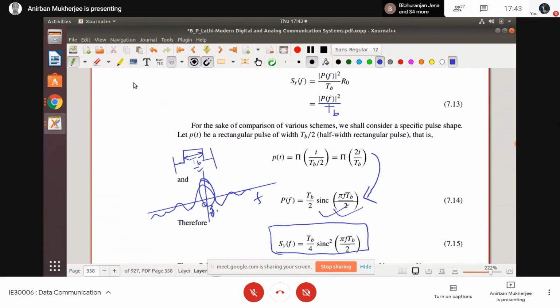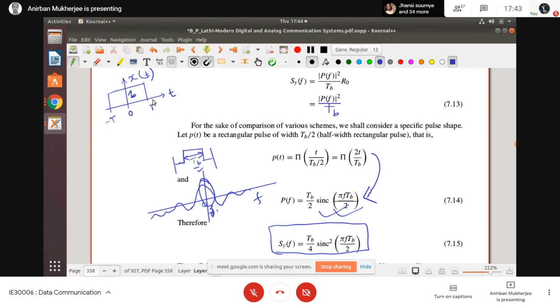Say I have a signal like this, where I have 0, capital T, and minus T. This is 1, this is T, this is some x(t).